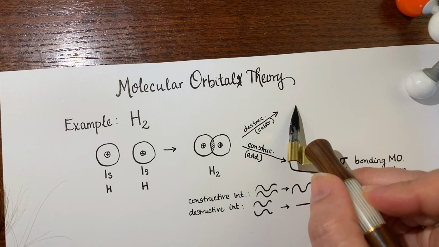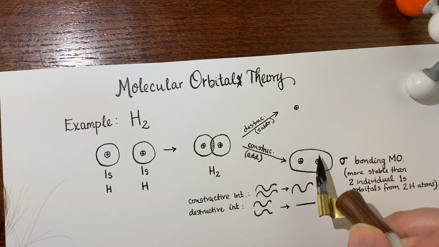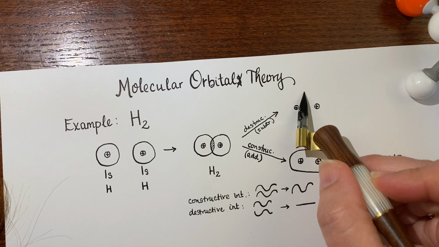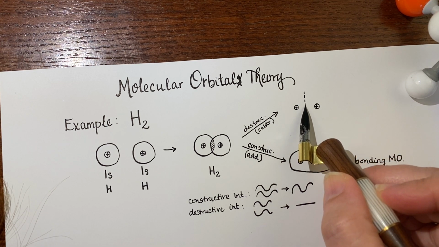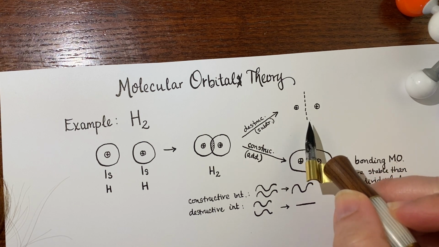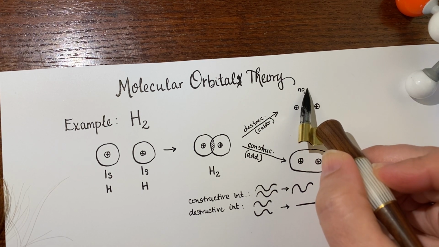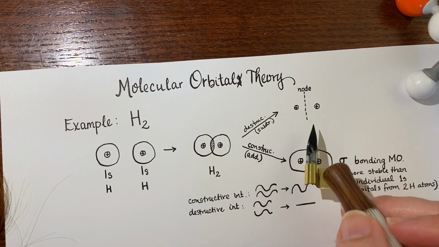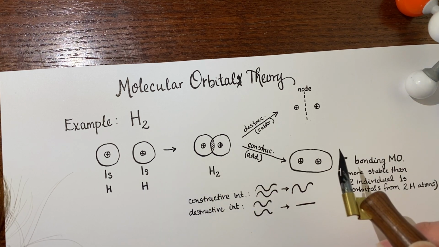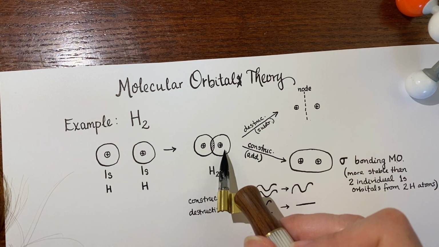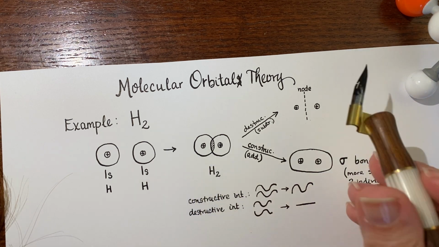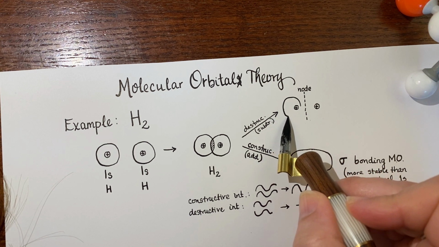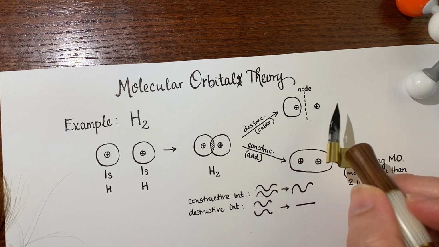So now we have our two nuclei. We have created a node. Zero probability of finding an electron between the two nuclei in this region. Now, there's still electron density, there's still probability of finding an electron on the outside, but we have subtracted away a lot of this region in between.